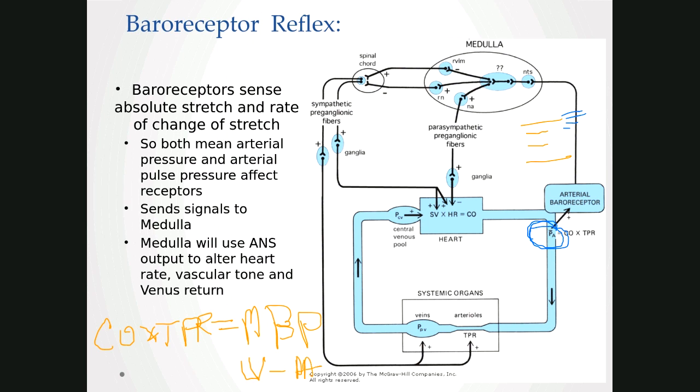All right, if this is going up because heart rate's going up, this is going up because contractility is going up, and this is going up because arterioles are constricting, then that means there's up, up, up, mean blood pressure should go up.